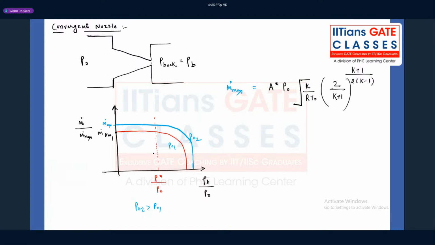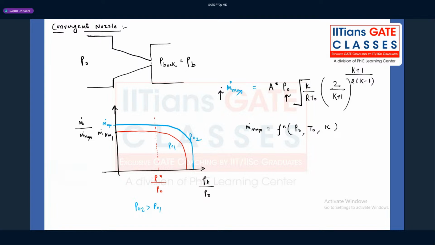You can see this particular formula. By this formula, you can see that the maximum mass flow rate is a function of P naught, T naught, and K. If I increase the P naught, definitely the mass flow rate will increase, and that is what is happening in this particular graph.